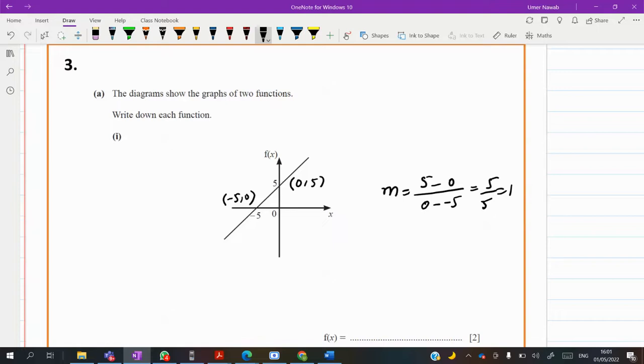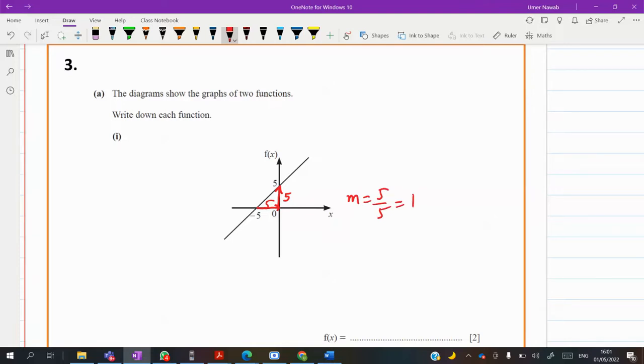This is in detail if you want to do that. If you don't want to do all these steps, because it's a sketch, what is the rise and what is the run? So you go 5 units here and 5 units here. Your gradient is 5 over 5, which is 1.